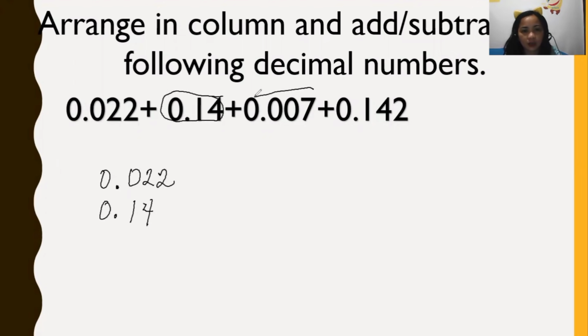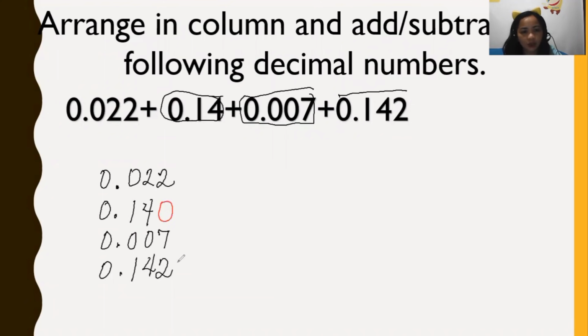Then we have here 7 thousandths, 0.007. And then we have 142 thousandths. Now, may bakante. Let's put a placeholder para hindi nakakalito.